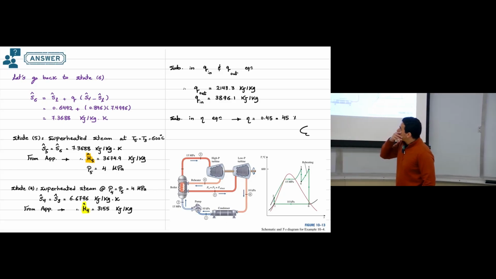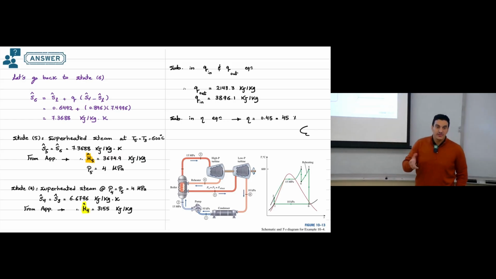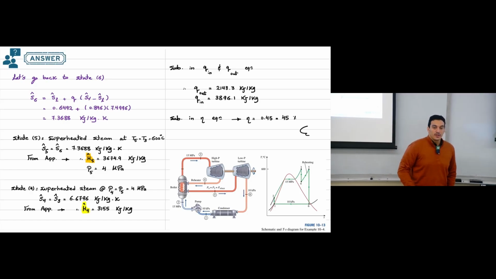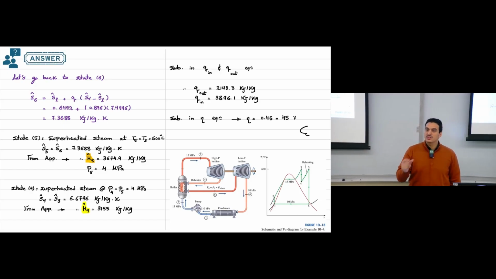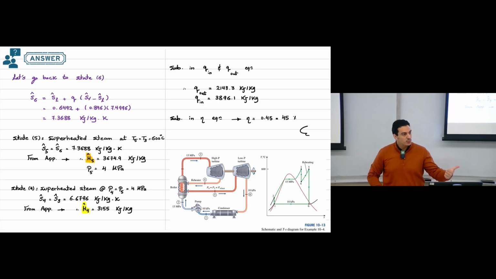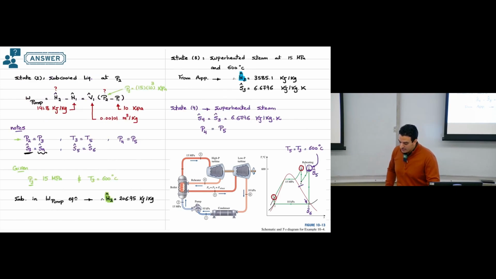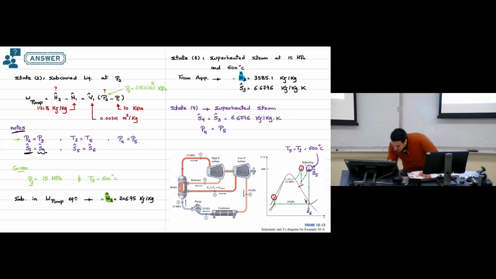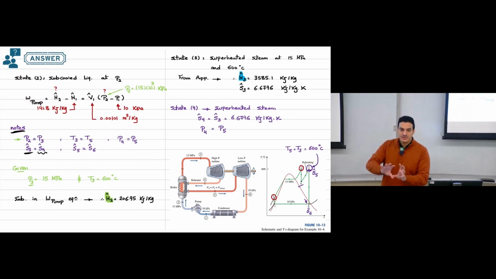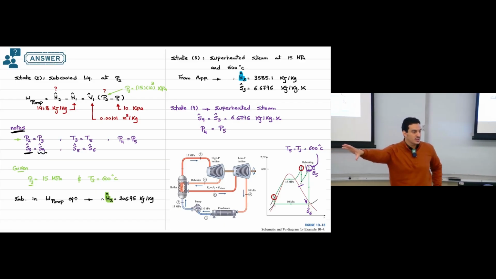So the whole idea in this one, just try to find the enthalpies that you need to calculate in order to find thermal efficiency. Again, know how you can use the steam tables. If you have saturated liquid, if you have saturated vapor, you just need one information. If you have subcooled, superheated, you need two information. And here we have these notes based on our understanding of the process. So pressure at some point can be the same pressure at another point.